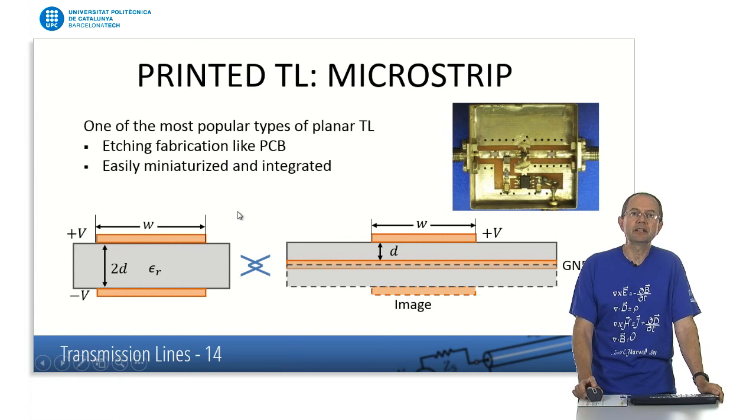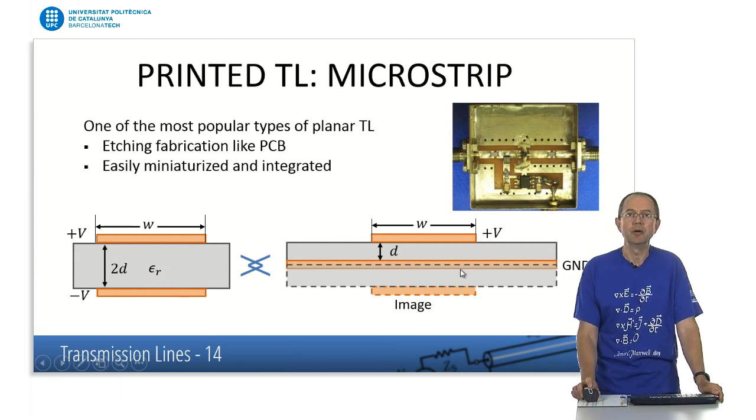Well, the line is a modification, if you want, of the two parallel plate lines, which is here on the left. If you eliminate one side of this line and substitute it by a ground plane, which is just a grounded metallization below the printed circuit, then the active element which remains has an image which reproduces what you have in the two parallel plate case.